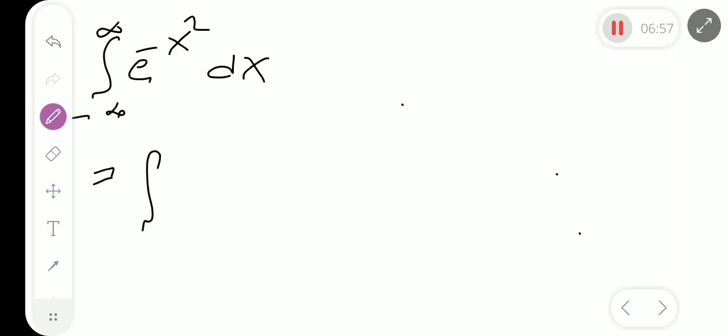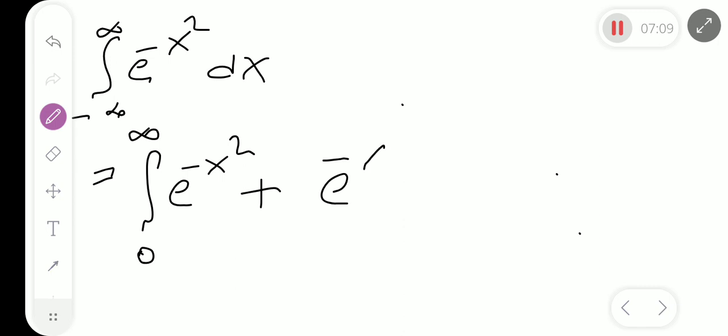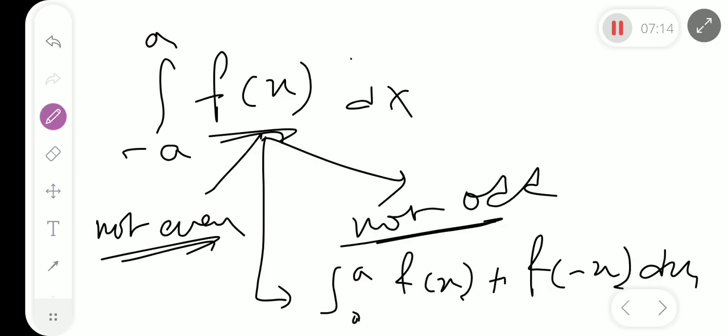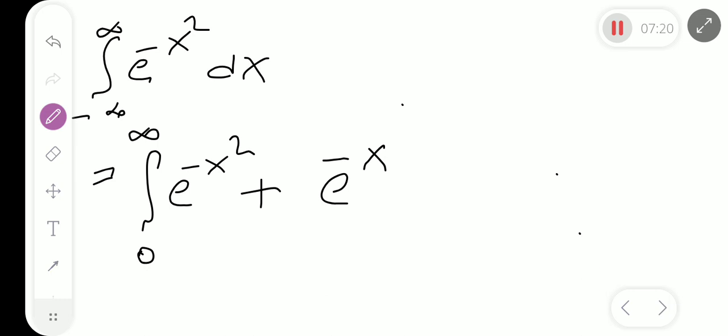Using the property, it is the integration from 0 to infinity of e to the power minus x square plus e to the power minus x, using f of x plus f of minus x, that is here it will be minus x square.